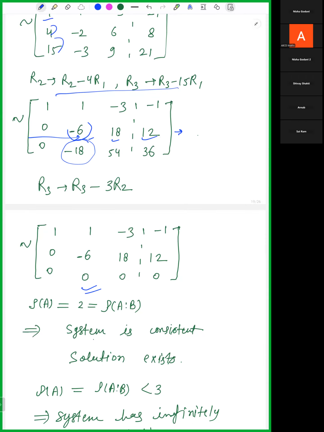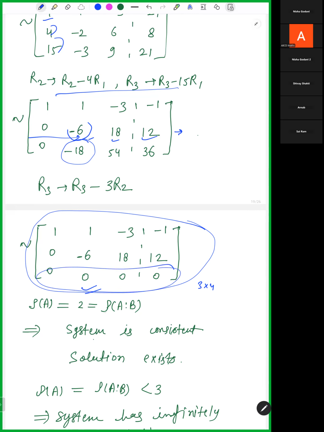Now if you see this whole matrix of order 3 cross 4, you have two rows which are non-zero and one row of 0. So the augmented matrix has rank 2.